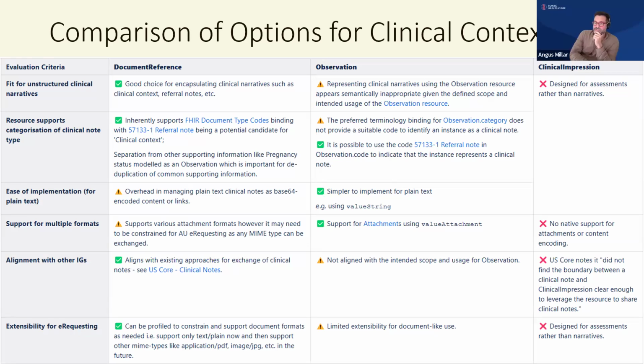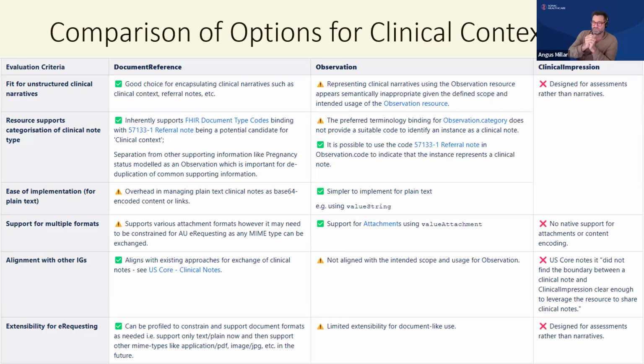So our mandate is to send a string clinical note, and we are toying with how we do that today that's going to make it more flexible for the future. That is where I think a lot of the concern lies. There's a concern that if you use observation, we're limited to string, which suits us today, but that observation isn't going to work tomorrow when someone decides they want to send something that isn't string.